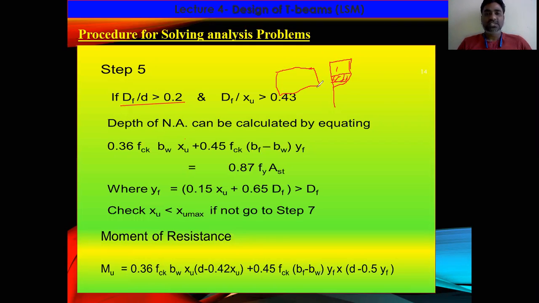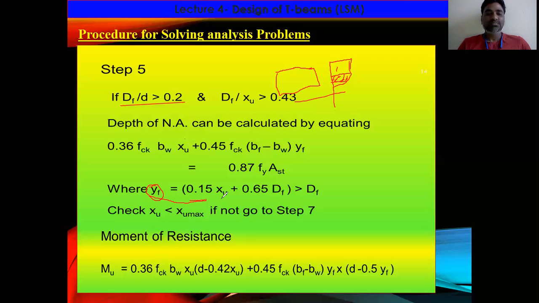That is why, as per IS 456, it is suggested that you modify the thickness of the flange instead of DF. That modified thickness is nothing but your YF. This is the modified thickness of the flange. That means it is assumed that within this modified thickness, the stress is uniform, right?